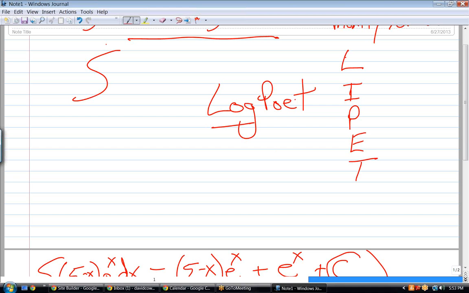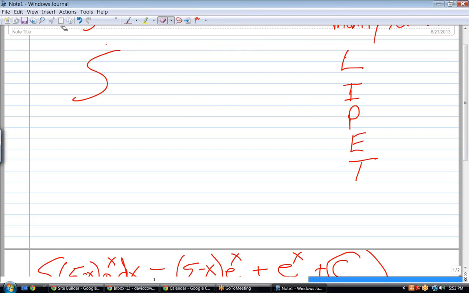They don't have any inverse trig functions in LOG POET, so the next would be polynomials. The PO is polynomials, the E is exponentials, the T is trig functions. But LIPET actually is a little bit better because LIPET has an I in there. In other words, if there are inverse trig functions in the function, then that I is significant. So LIPET actually is a little better than LOG POET.